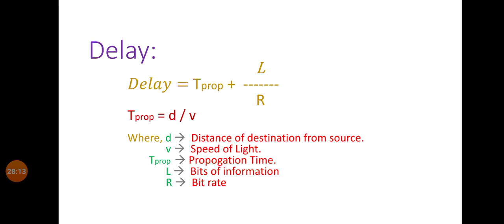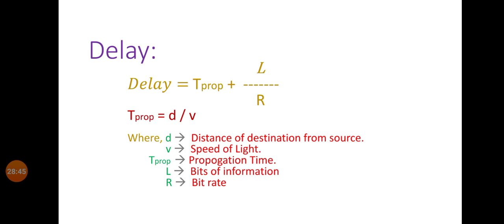If we transmit 10 bits per second, then it takes 10 minutes. Clear? If we transmit 20 bits per second, then definitely it will take 5 minutes. Understood? So if you increase the bit rate, time is reduced.